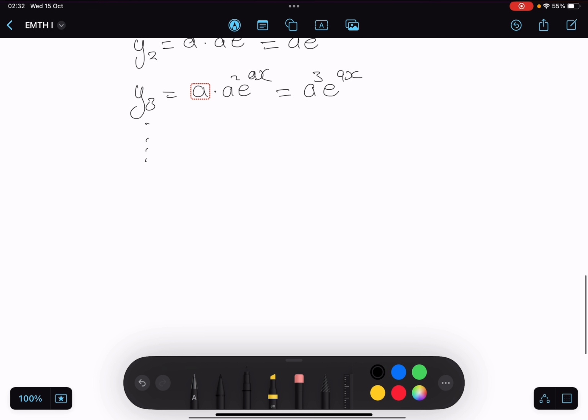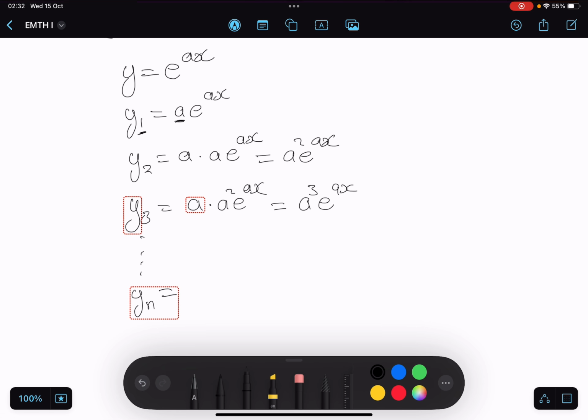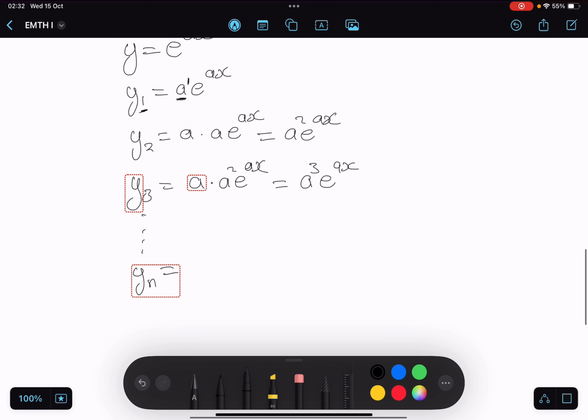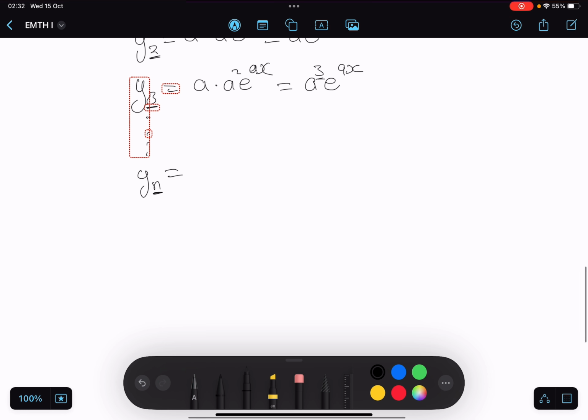So if we continue to differentiate this, for the first derivative, the power of a is 1. The second derivative, the power of a is 2. The third derivative, the power of a is 3. Then for the nth derivative, the power of a is going to be n.